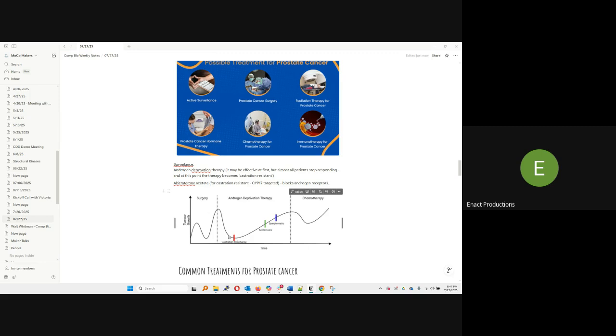Then you get to the castration resistant stage, and you enter a new milestone where it may still be benign, but we're edging towards metastatic. The metastatic and castration resistant stages are probably where the chemotherapies start to play a role. It's shown here in the graph: when those aren't working, you try the androgen deprivation, the tumor's growing anyway, and you move on to the chemotherapies.